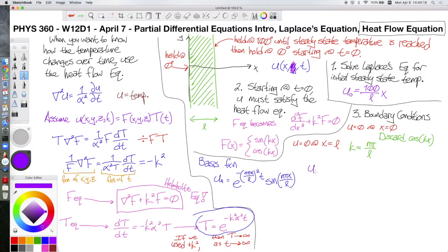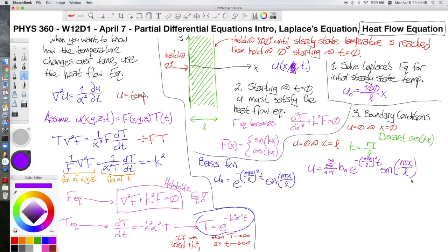We can define u, overall u, not u sub n, as the sum from n equals 1 to infinity of lowercase b sub n times our basis function, e to the negative quantity n pi alpha over L squared t, all in the exponent, times the sine of n pi x over L.